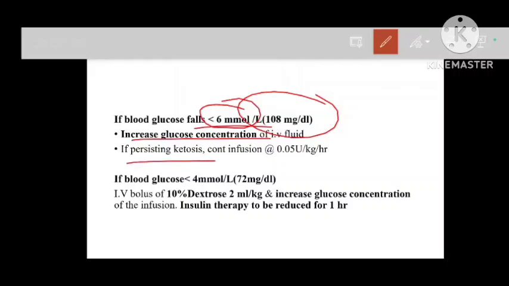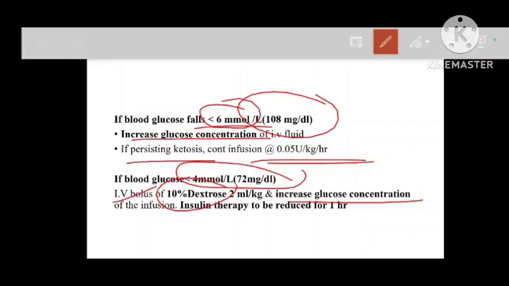If ketosis persists, continue the infusion at the rate of 0.05 unit per kg per hour. If the blood glucose further falls to 72 mg per deciliter or 4 millimole per liter, give an IV bolus of 10% dextrose at 2 ml per kg and increase the glucose concentration of the infusion fluid. Insulin therapy is to be reduced for 1 hour.